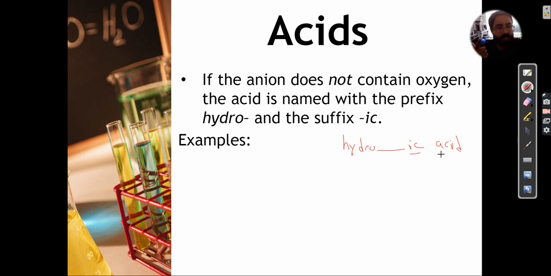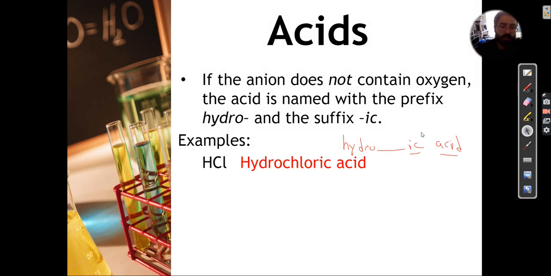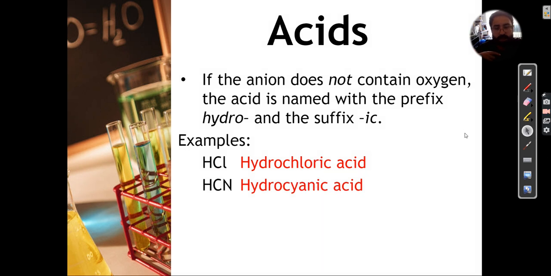And you change the ending to ic and write the word acid. So for example, HCl, pretend you don't see this. You see H, you're like, oh, that's an acid. Well, how many things is it with? Well, it's only an atom. So that's binary. So it's hydro. What's the name of the element? Chlorine. Change the ending to ic. Hydrochloric acid.